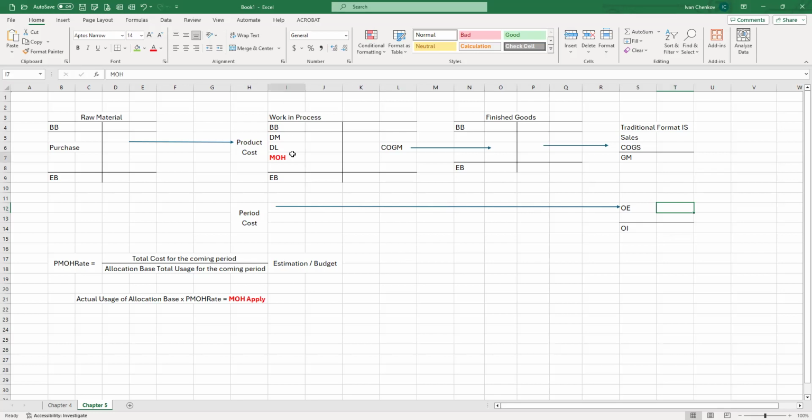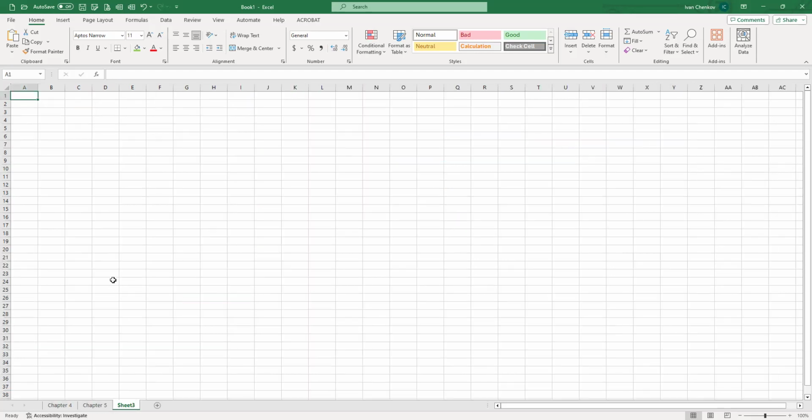So is there another, better way to do the manufacturing overhead? Yes, there is. And the answer is activity-based costing. That's what we're going to do today in chapter 7. We're going to deal with, let's go here, chapter 7. And in chapter 7, I'm going to talk about activity-based costing.